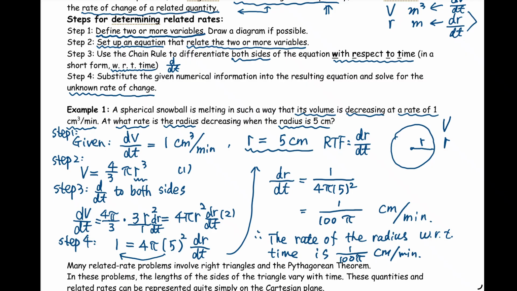So these are the 4 steps. Be careful that you have dr by dt on this side and dV by dt on the other side. Both V and r are functions of time. So this is example 1.